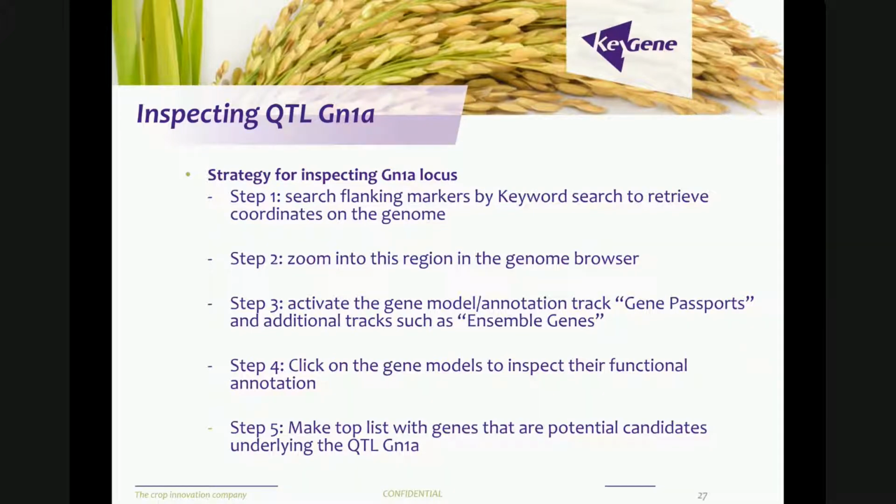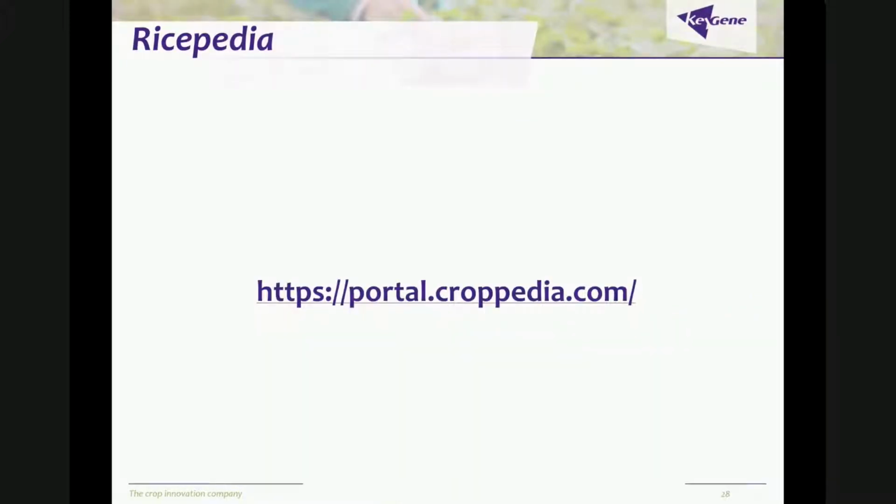After this, there is obviously a lot of testing involved to see whether these genes that you find in silico are actually causing the phenotype. So we'll do that by going to portal.keypedia.com. So that's not your WeedPedia.